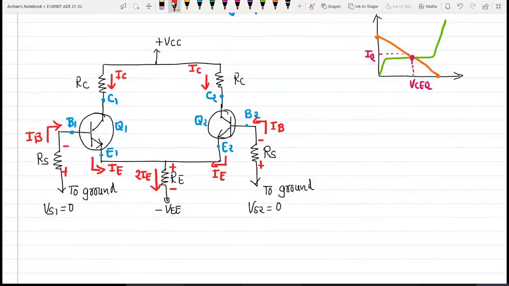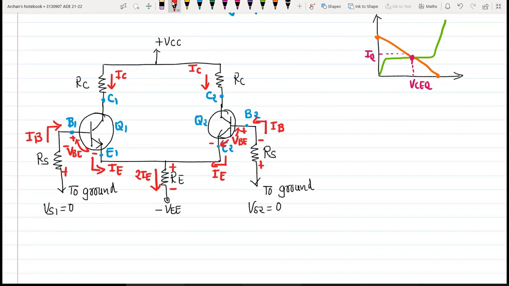Then there will be a voltage between the base and the emitter terminal, which is known as VBE. So this is my base emitter voltage VBE for both the transistors.